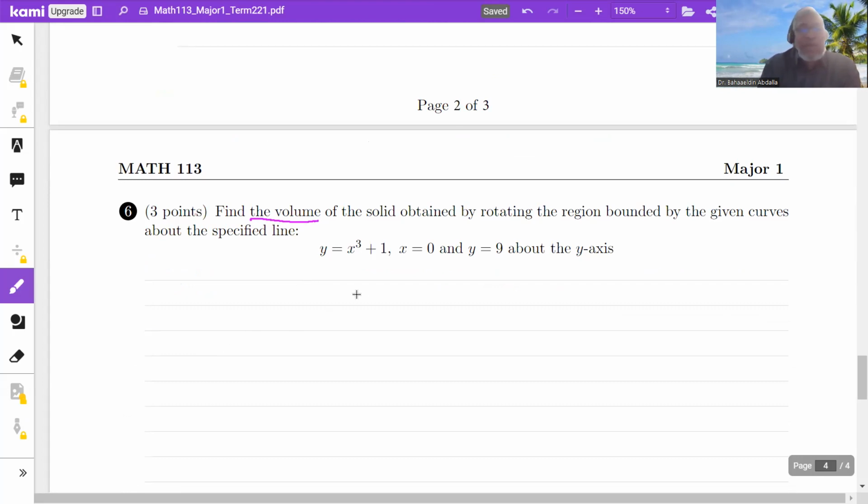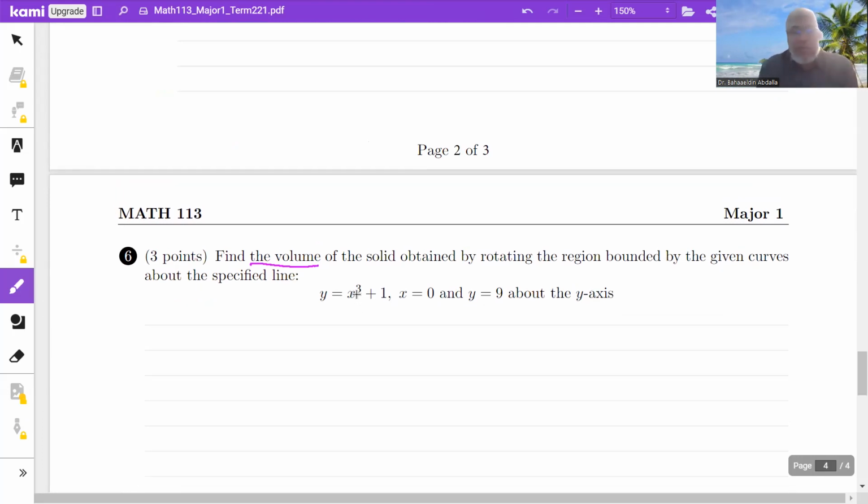Disk and washer, and using cylindrical shells. So about which axis? About the y-axis. Well, about the y-axis, I can use two methods. Let me use, for example, cylindrical shells. Let me start by cylindrical shells.